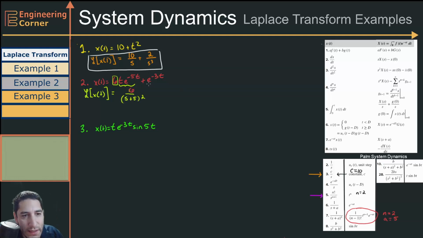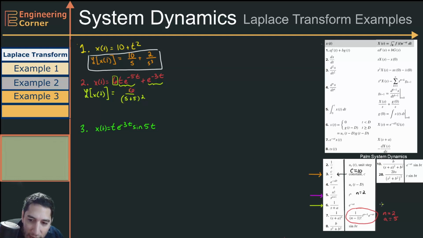Okay, so now let's deal with this second term right here, which is e to the minus 3t. Now this is just an exponential term. It doesn't have the t on it, so we're going to have something that's going to be a different entry. As we look through our table, we see that entry number 6 is just an exponential term. And entry number 6 is 1 over s plus a.